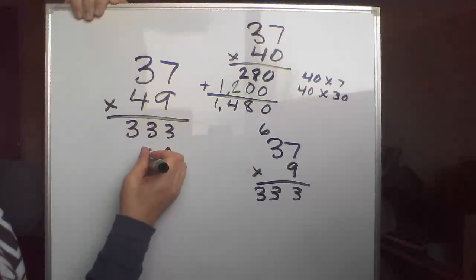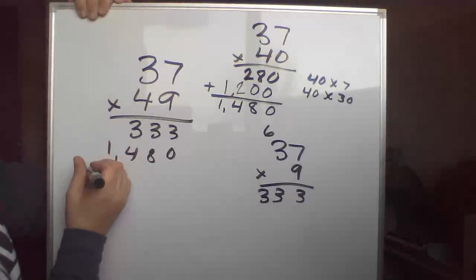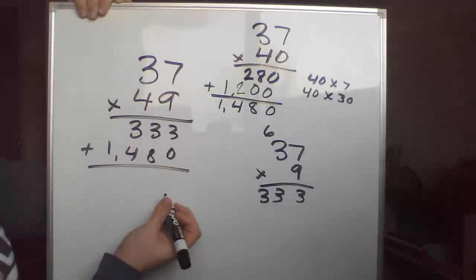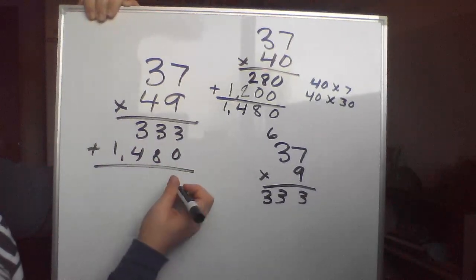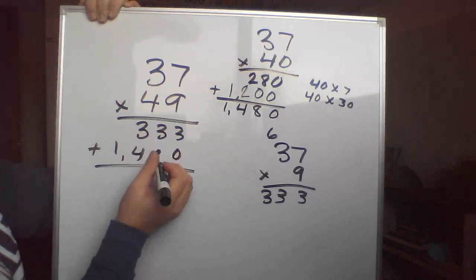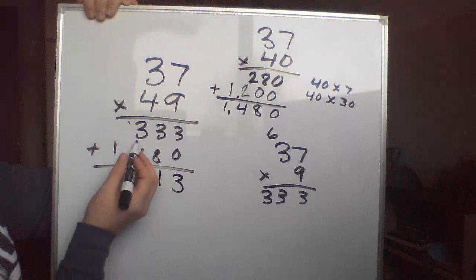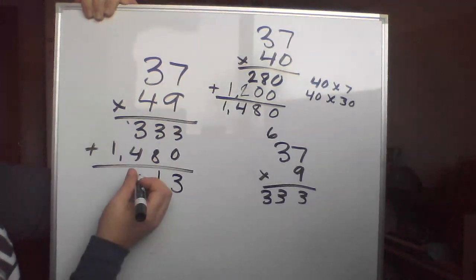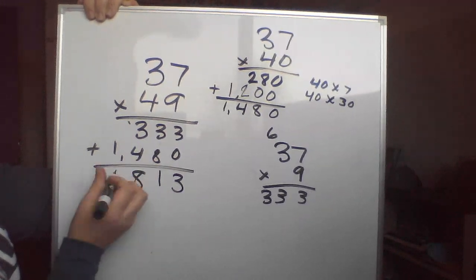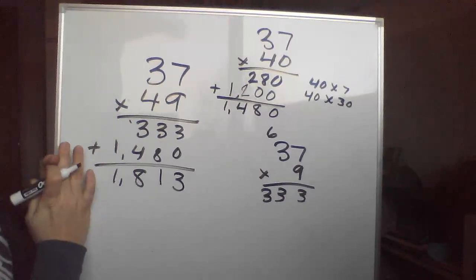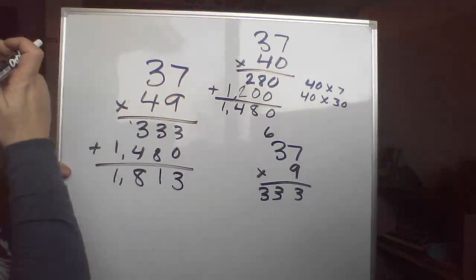Because they are partial products, we need to add them together to get our final product. 3 plus 0 is 3. 3 plus 8 is 11. 4, 5, 6, 7, 8. And 1. So our final product is 1,813.